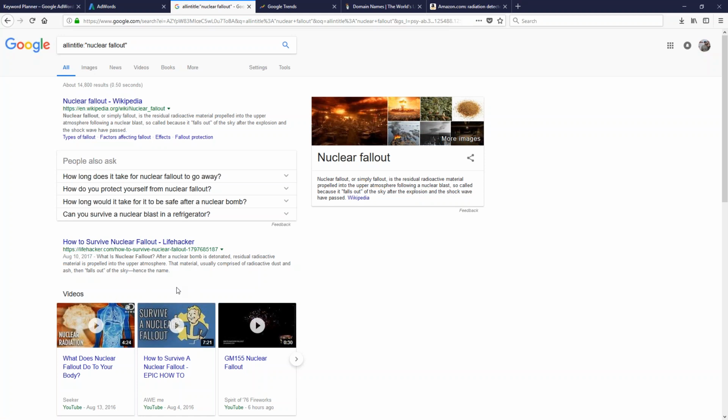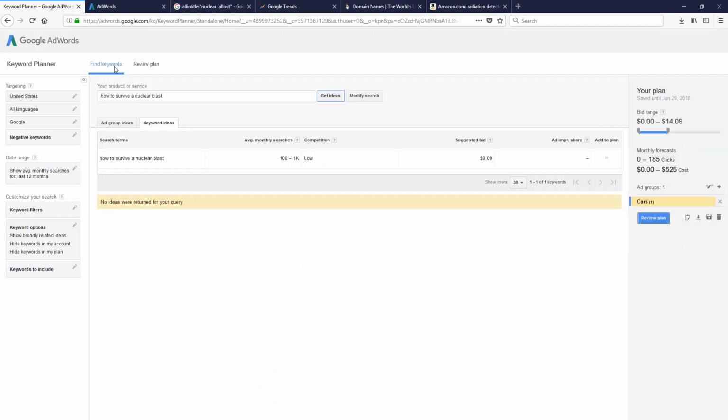Now, sure, the How to Survive Nuclear Fallout page would kind of still be targeting that shorter keyword phrase, but it gives me something more realistic that I might actually be able to achieve, instead of going only for these dreamer type of terms where there's tons of competition, but there's a lot of traffic too, I'd be willing to bet, that goes along with it.